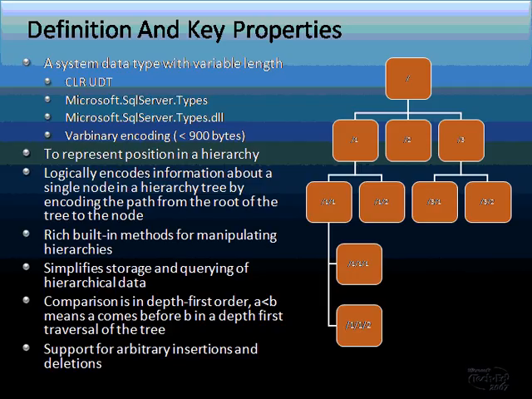Based on our calculation, you can store an unlimited number of nodes in a level, even in the tree. So you don't have any limitations. Okay, I will go back to the slide.